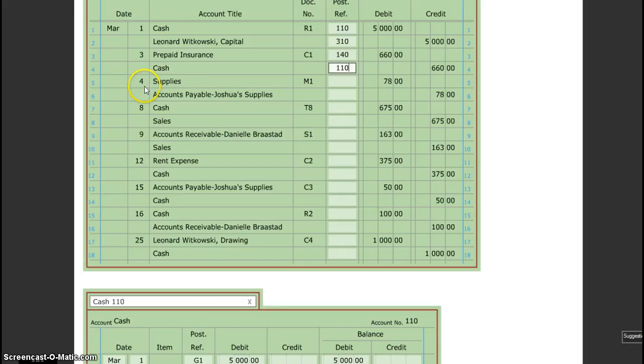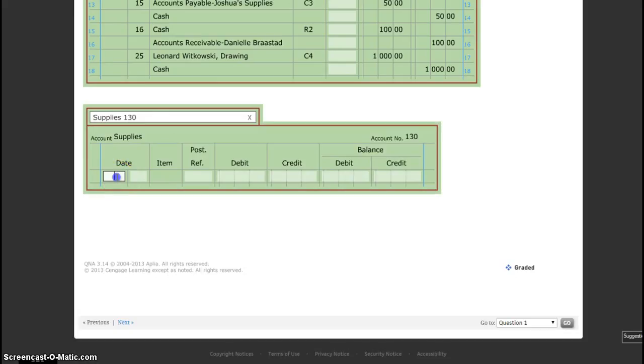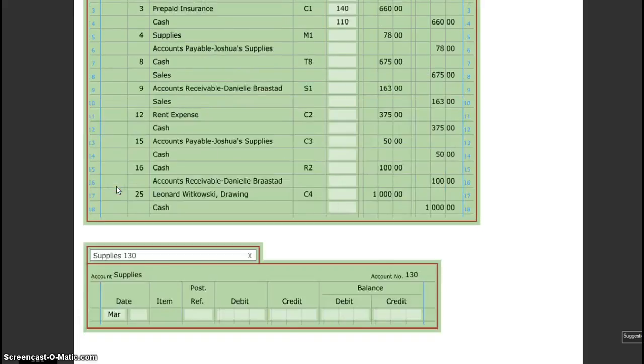The next transaction on the 4th, we debited supplies for $78. So we open up supplies, put that date, March 4th, post reference still G1, and it was a debit of $78. There's no other balance, so carry that over, $78, and place the 130 to show that's been posted.